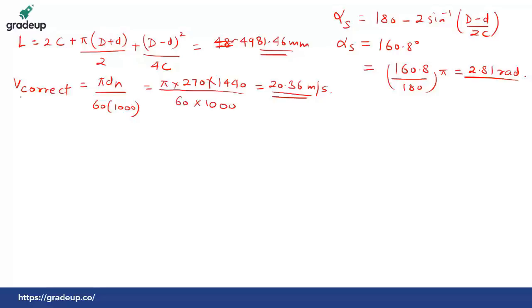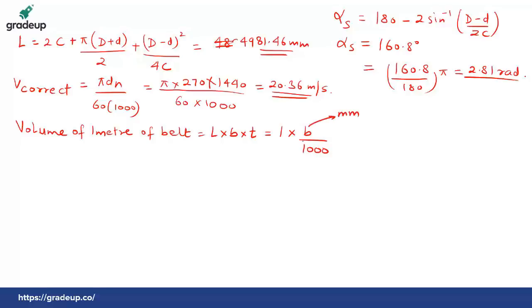Then we find out the volume of 1 meter length of belt. The volume is length into breadth into thickness. So length for 1 meter is 1, into b upon 1000, this is the width which we have to calculate and we are considering it in mm, that's why 1000, into 5, that is the thickness, again divided by 1000.